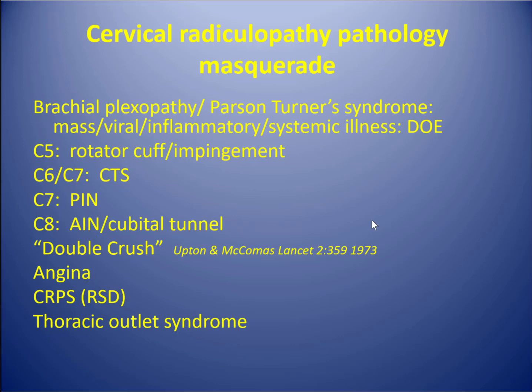Angina can give you arm pain, RSD, thoracic outlet syndrome, Parsonage-Turner syndrome, which I probably see once every 2 years. And a C5 pain could be a rotator cuff. And the other thing is patients can have both, C6 radiculopathy and carpal tunnel. Can you add anything to that, Walter?